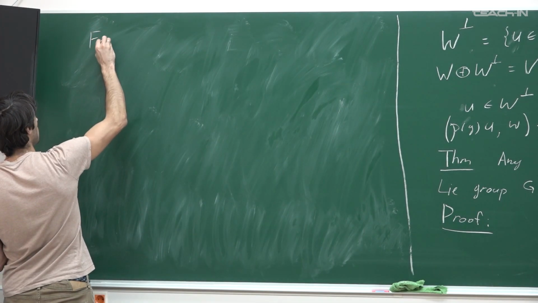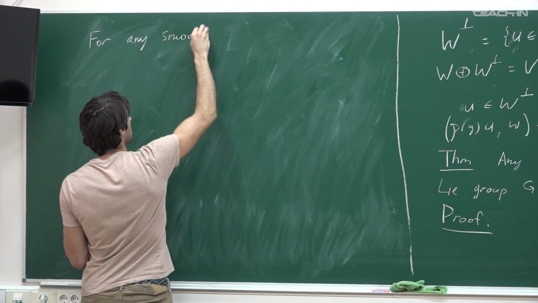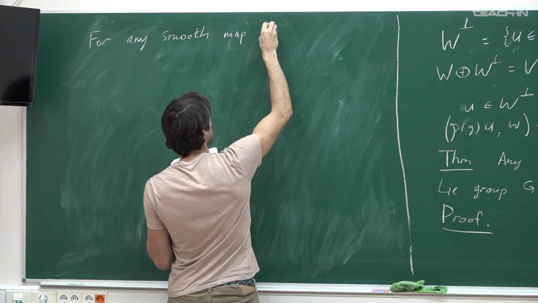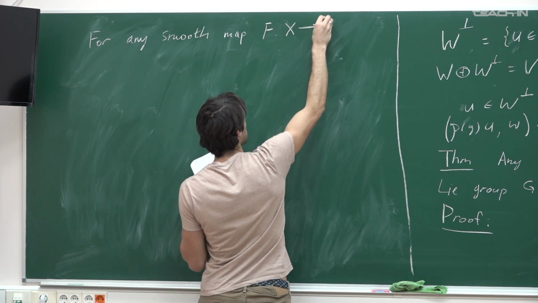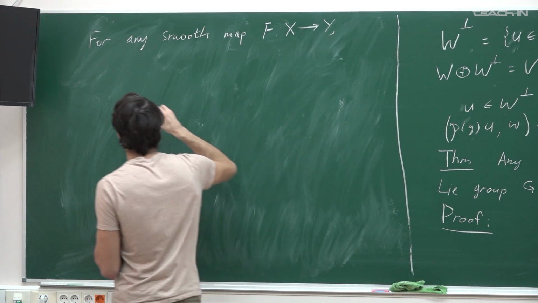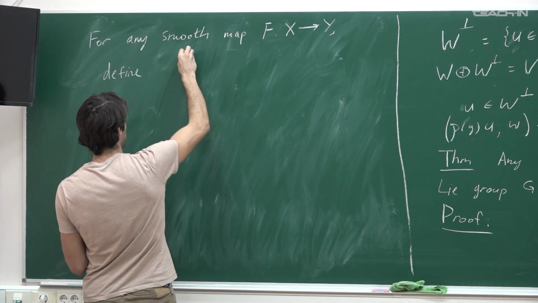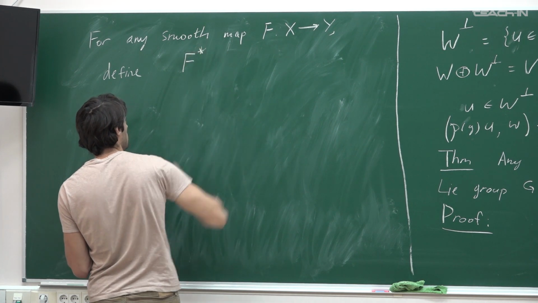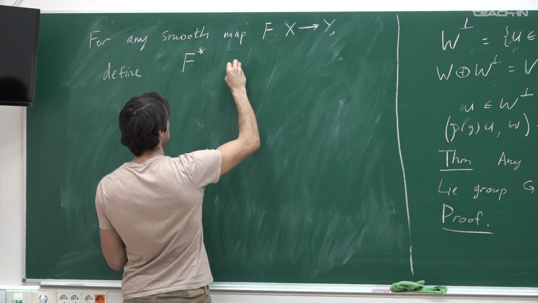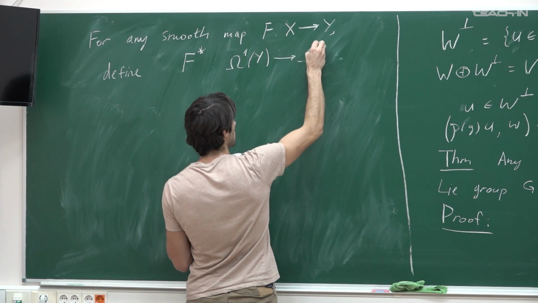For any smooth map f between two manifolds X and Y, going from X to Y, we define the map f star, upper star, which goes from one-forms on Y to one-forms on X.